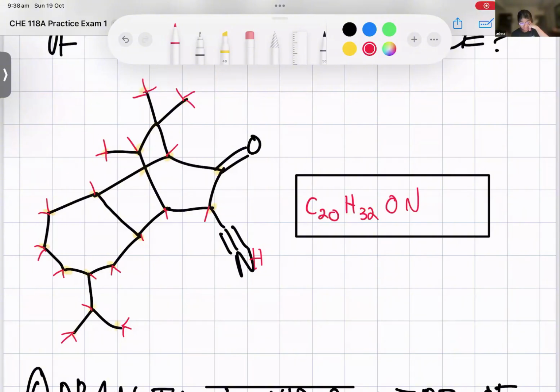It's neutral. How many bonds would nitrogen want to be neutral? 3 and 1 lone pair. If you added that hydrogen there, what would be the formal charge of nitrogen? It would be positive. That hydrogen can't be implied. If there was a hydrogen on nitrogen, it would have to be drawn out explicitly.